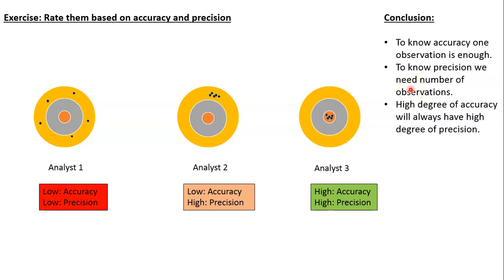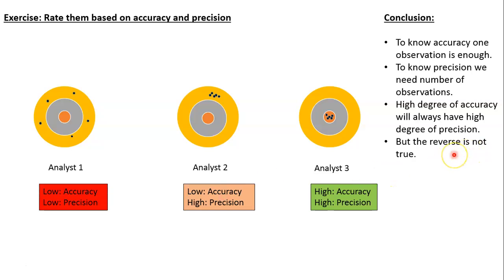High degree of accuracy will always have high degree of precision, as you can see over here. But is it vice versa? Does high precision also indicate high accuracy? Not necessarily. High precision can be highly accurate, or may have low accuracy, as shown in the second diagram.